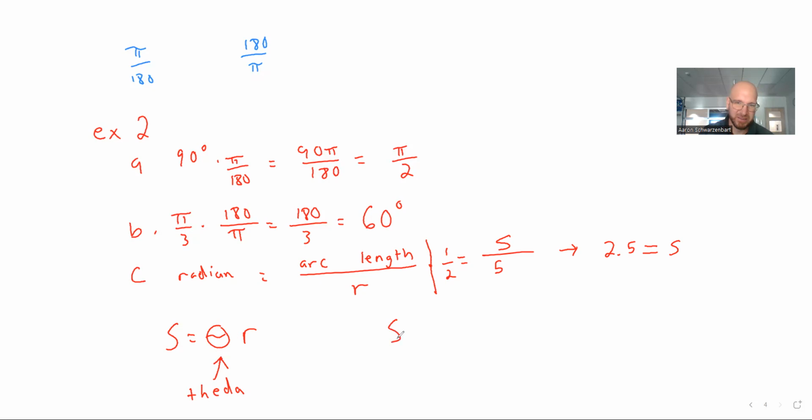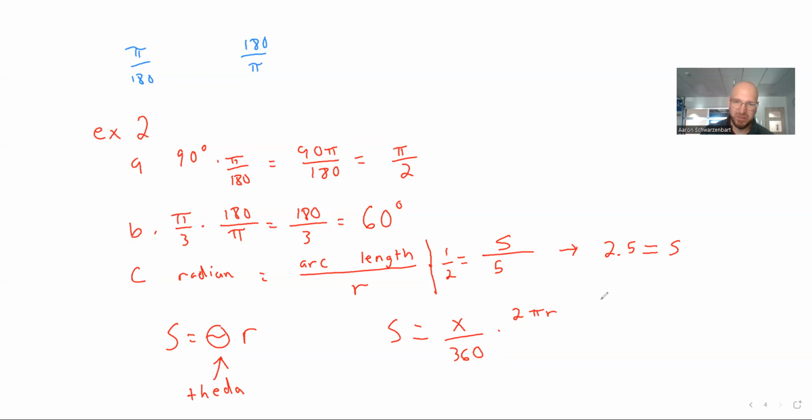I think in Integrated 2, I define it as 2 pi r times theta over 360. X would be my angle in degrees over 360 times 2 pi r.